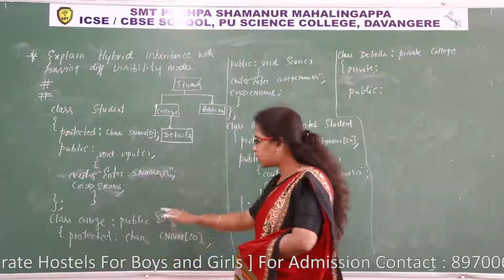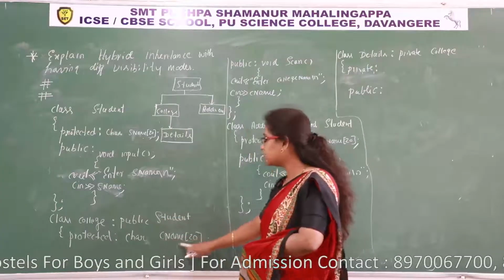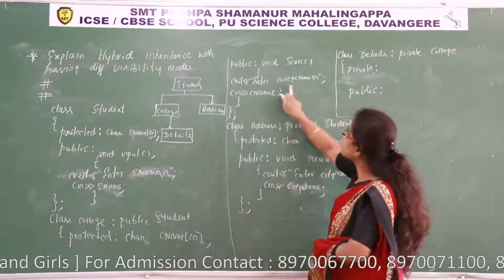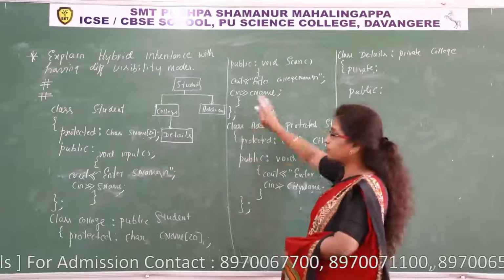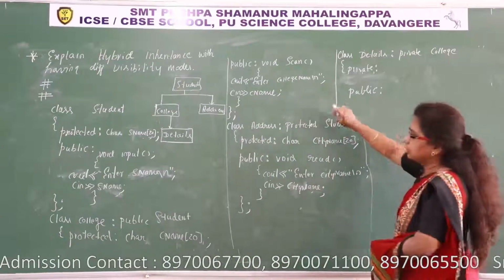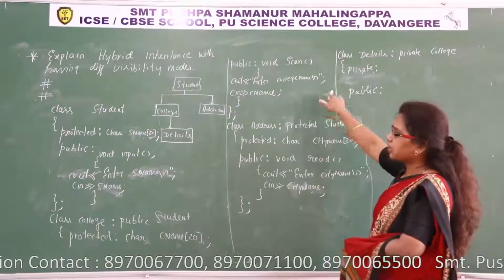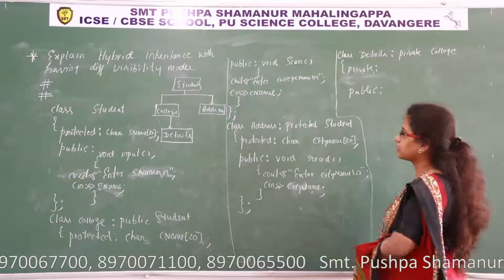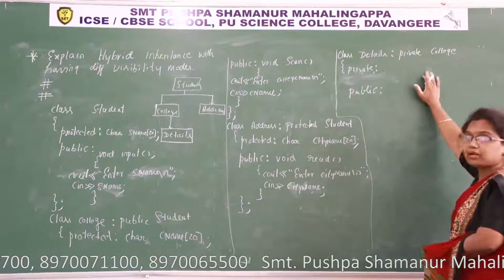Now the college class protected section has college name and student name, and this class public section has scan function and input function. Now the college class is again inherited to another class, details, which is inherited from the college class in private mode.